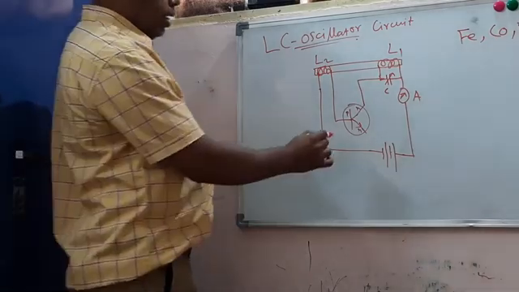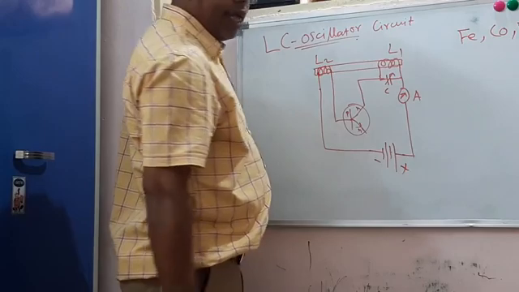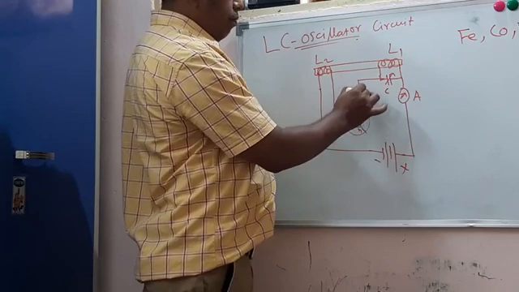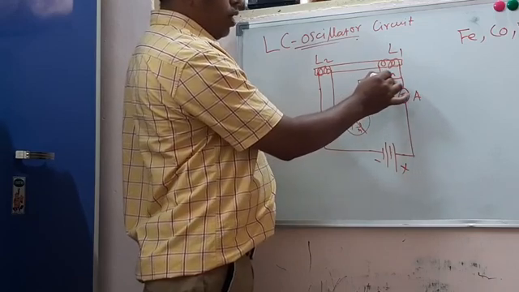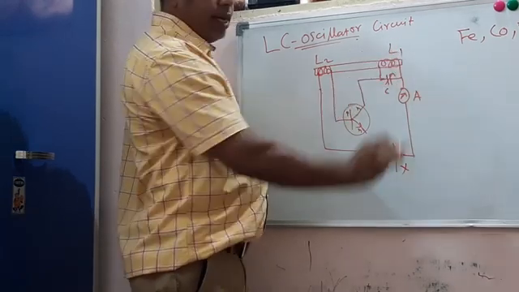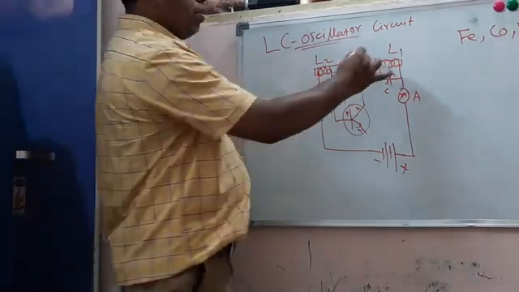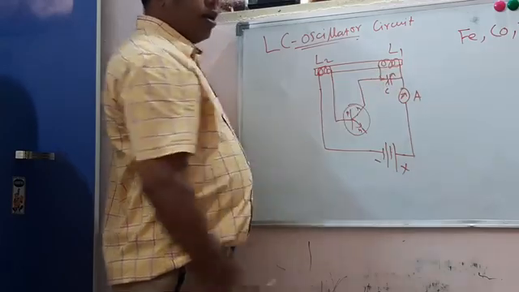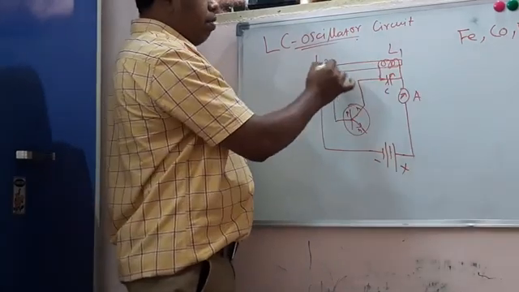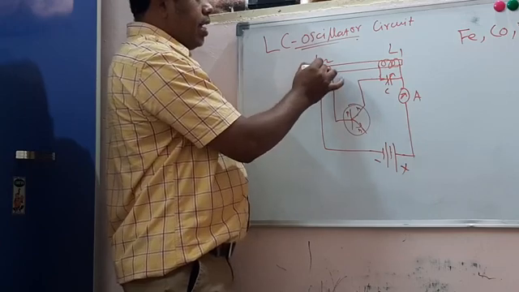Initially the transistor is energized by means of the battery, and in such a way current flows from the collector to the capacitor, and current starts to increase in the inductor coil L1. According to Faraday's law of induction, the same magnitude of current but in the opposite direction will be induced.